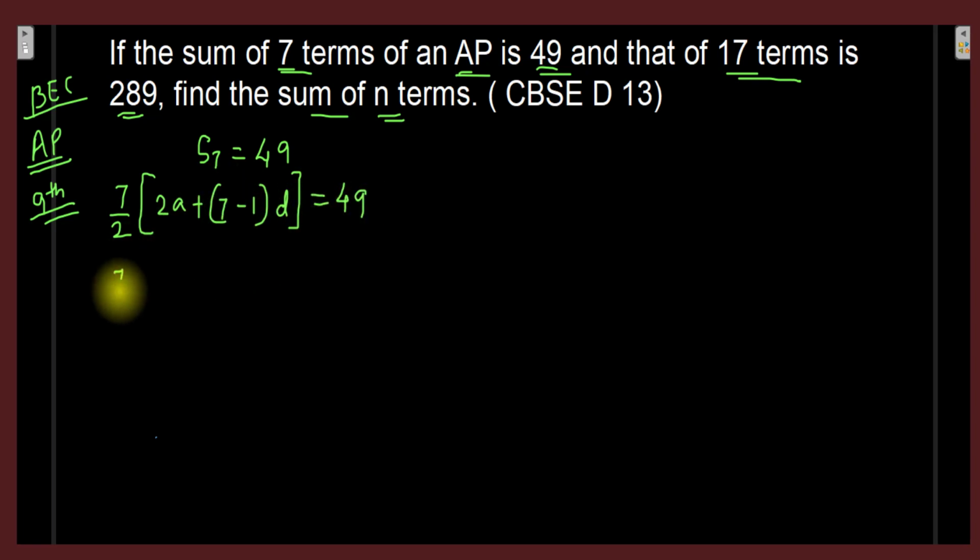So here we will solve this bracket. 7 by 2 into bracket, this will be 2a, 7 minus 1 is 6, and 6 into d will be plus 6d, which is equal to 49.